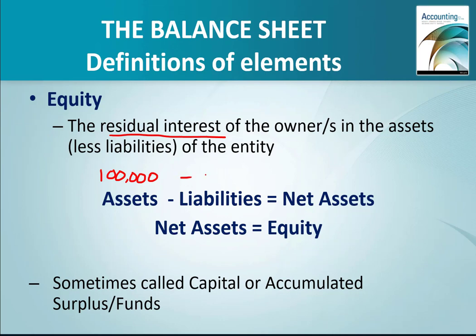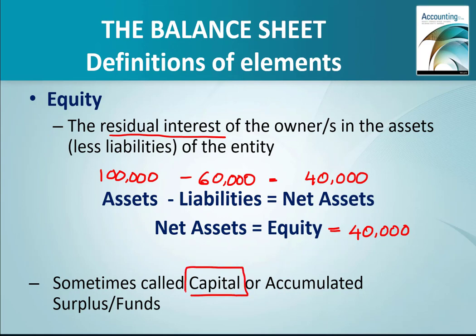The amount of your liabilities is 60,000. So your net asset is only 40,000. So this net asset is equal to your equity, that is 40,000. Sometimes we also use the term capital. This is a very popular term, and also accumulated surplus fund.